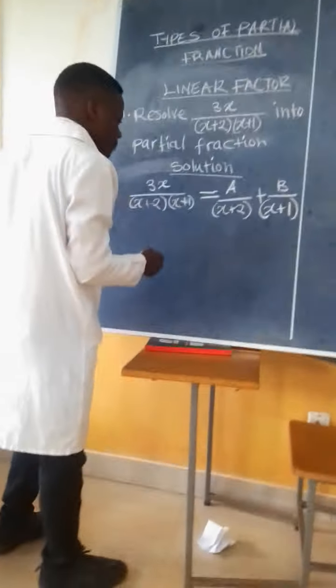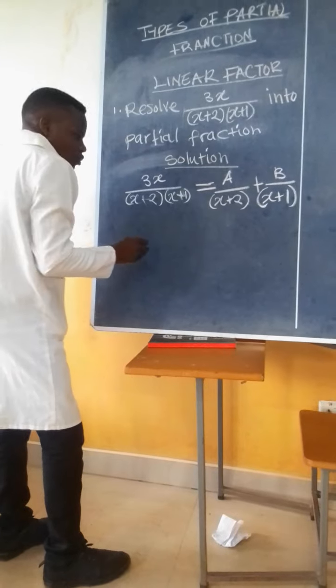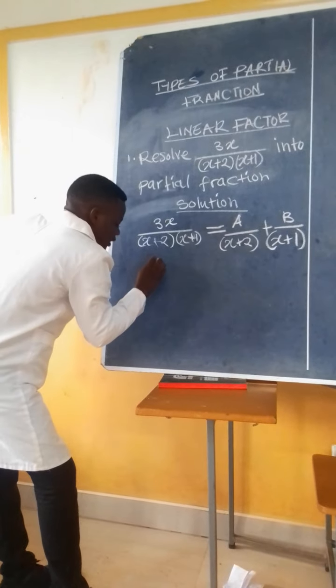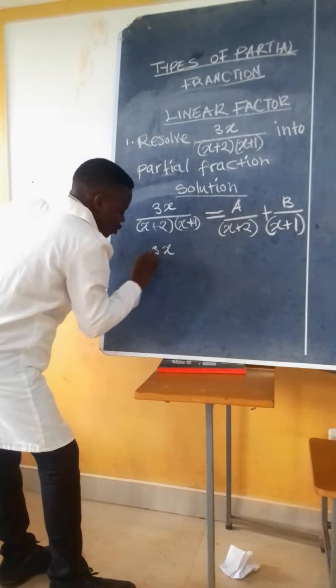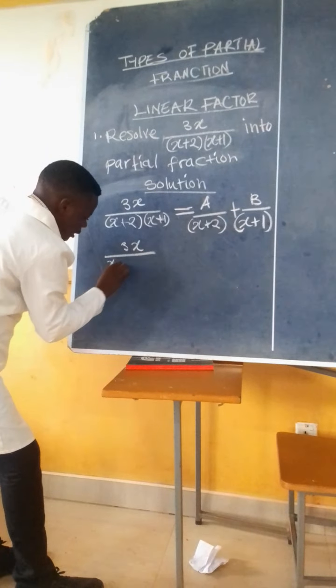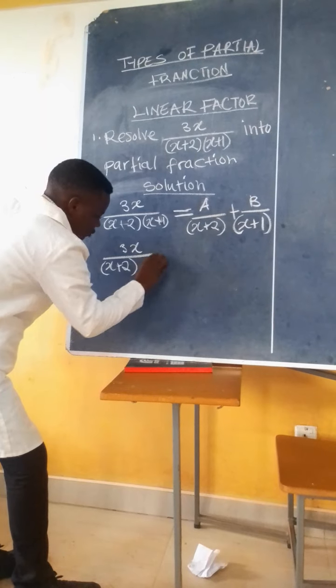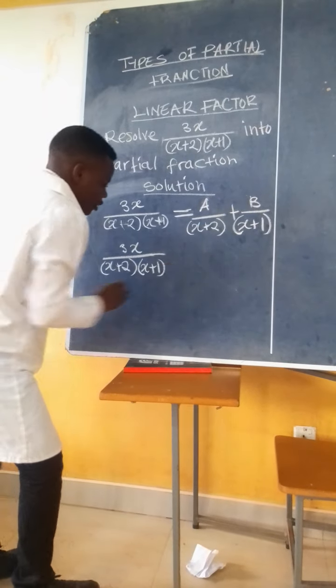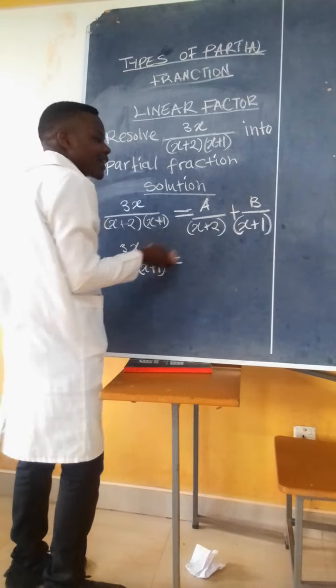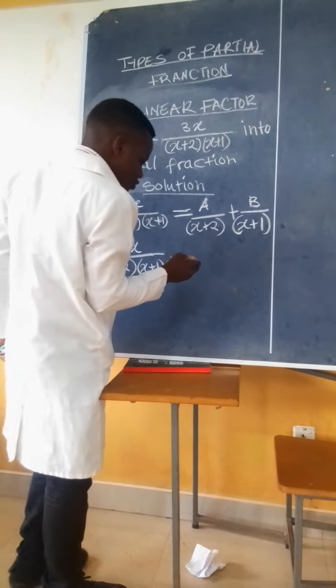Now, maintaining this side, 3x over x plus 2, x plus 1 is equal to, here we write the common denominator.